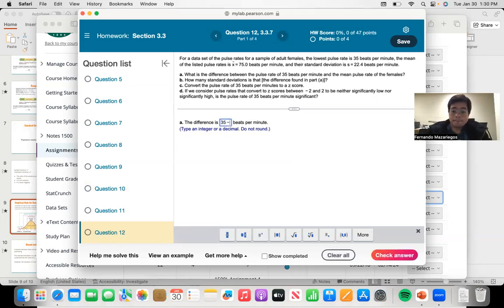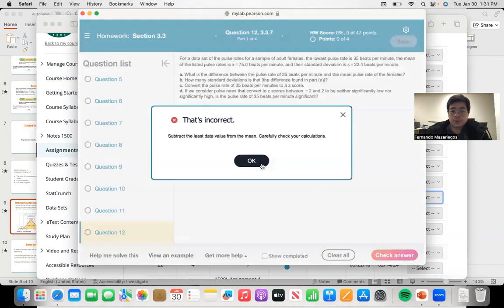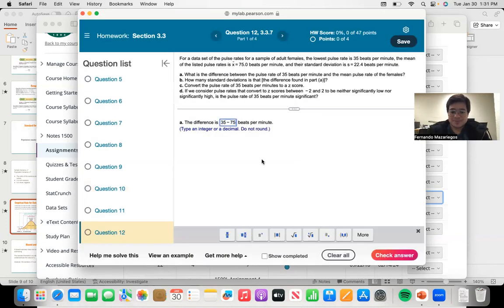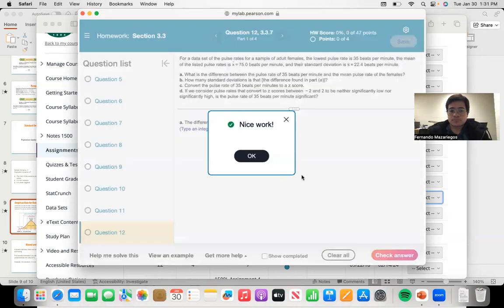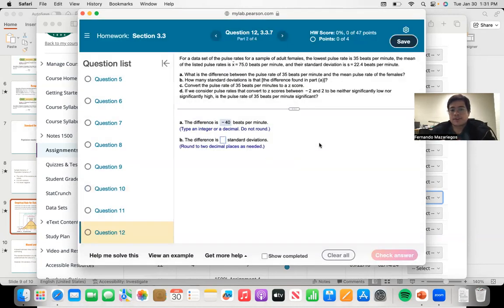35 minus 75. Wait, we have to actually subtract it. Sorry about that. So yeah, I missed the step. That is 35 minus 75, but we actually find that number.